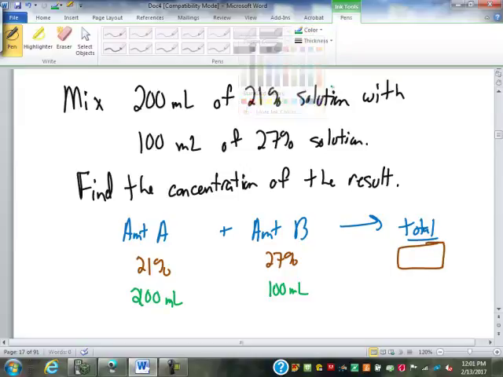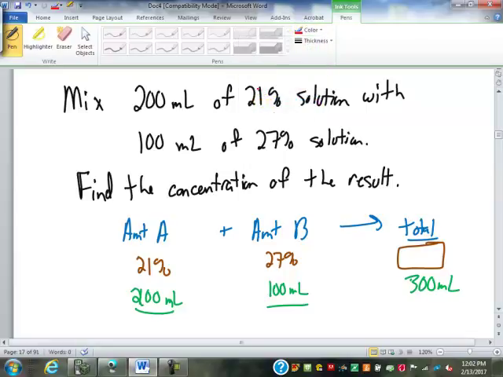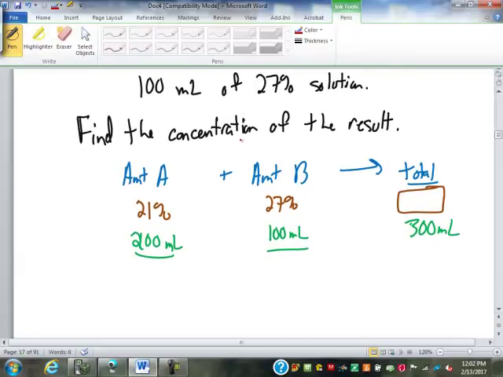But do we know the amount? Sure. 200 plus 100 better give us 300 milliliters total. So we're looking at having 300 milliliters of our final solution. So let's set up this equation. The amount in solution A is the concentration, 21% is 0.21, times the volume, which is 200 milliliters here.